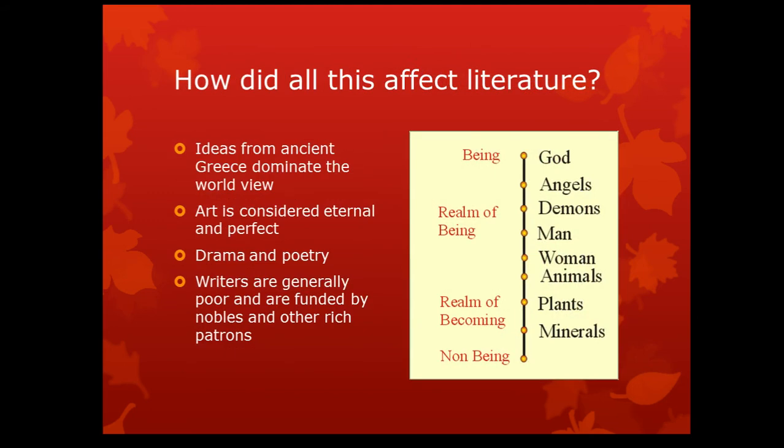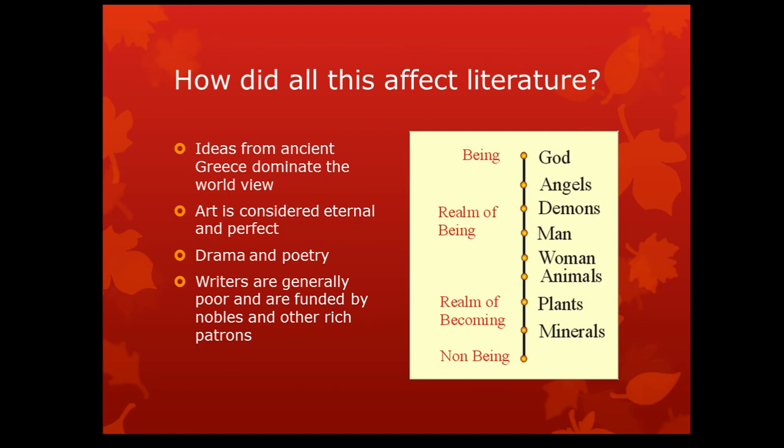Now then, the ideas that come from ancient Greece and ancient Rome as well dominate the worldview. And we can have a look at the picture right next to us. This is one of the ideas that come from ancient Greece, and that is the chain of being. More specifically, it comes from Aristotle.